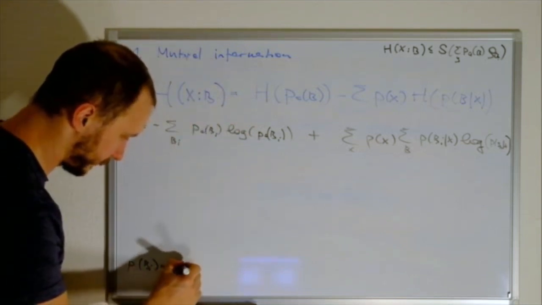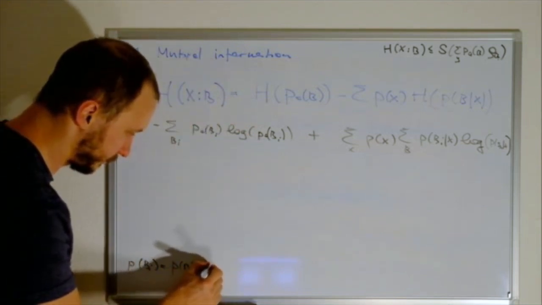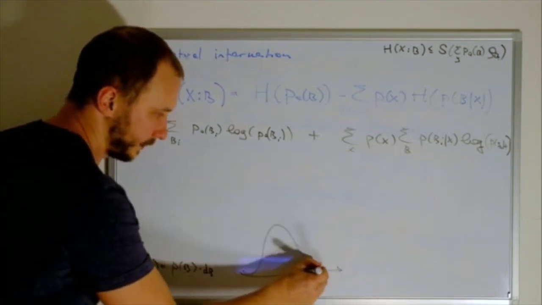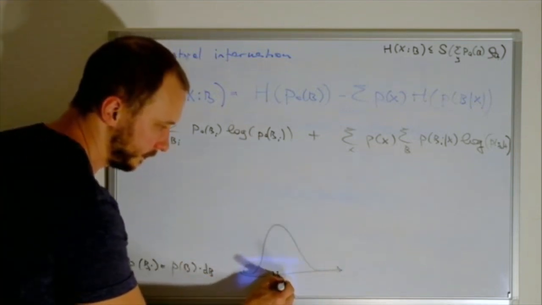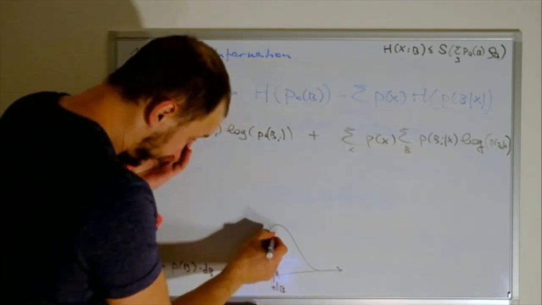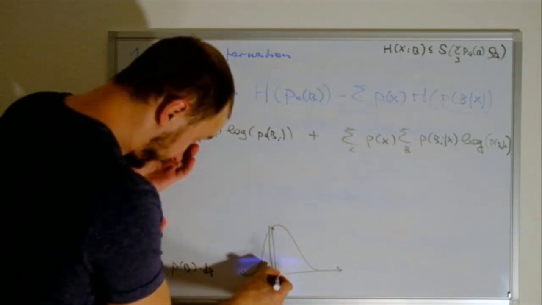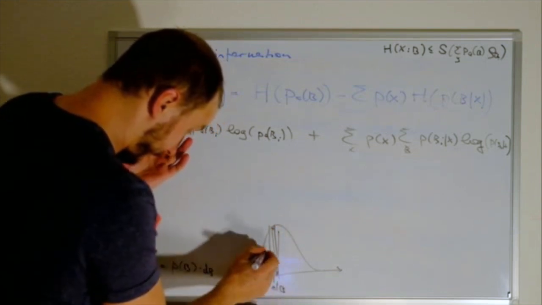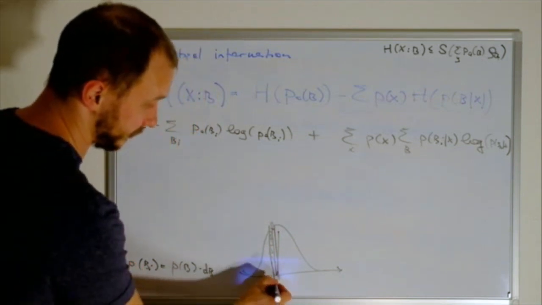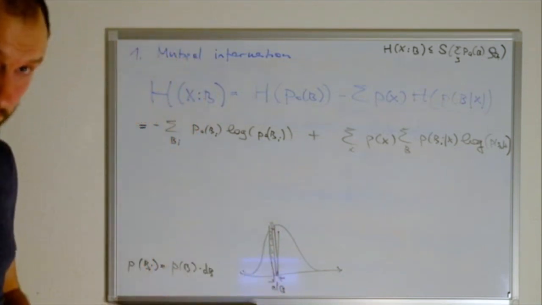This is actually the probability density of B times dB, times how much we discretize. So we take our dB here, a small interval. The probability of the field to fall inside this interval is given by the value of the function here, the probability density, times the width of the interval. A discretized version of this continuous story.